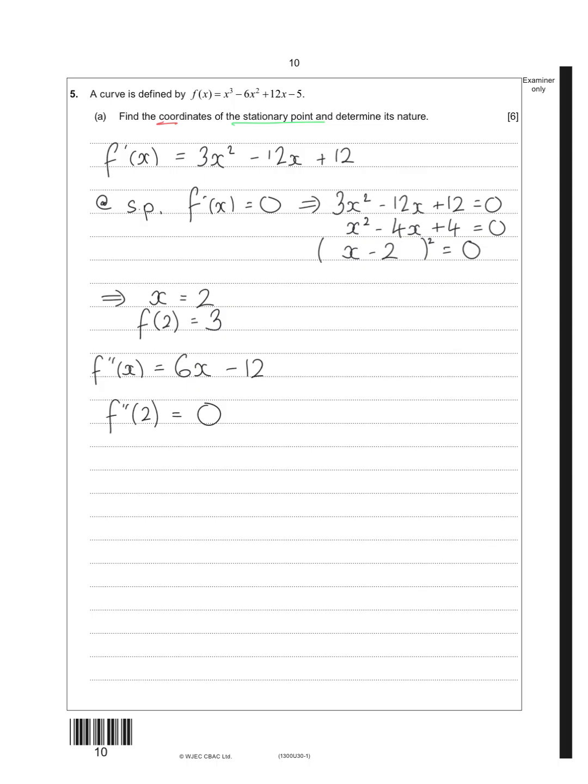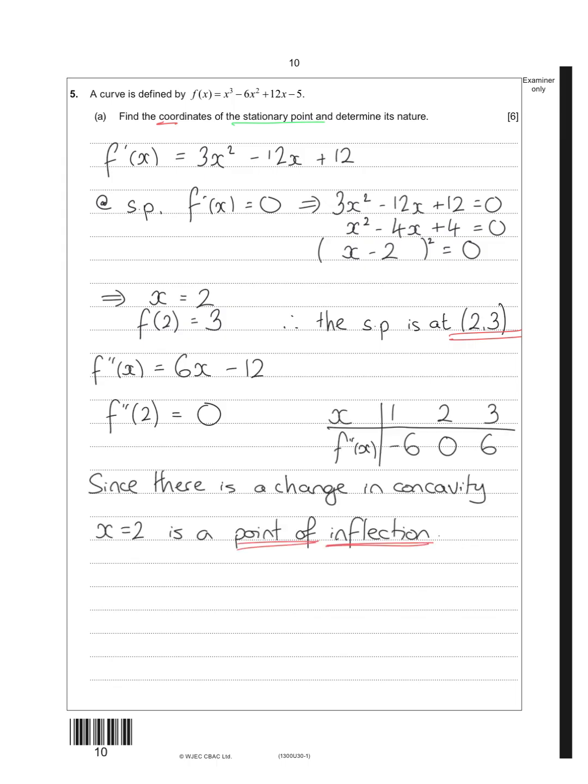Okay, now I've seen some spellings around where inflection has got an X in it. If that's what makes you happy, put an X in it, but that's how I was always taught to spell point of inflection. Okay, so let's just underline the important things that we found. We found where it is, and we found that it's a point of inflection.